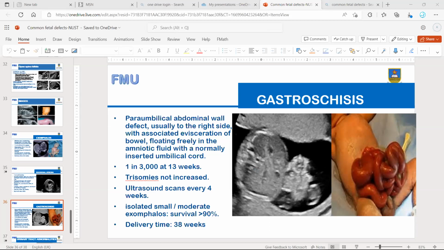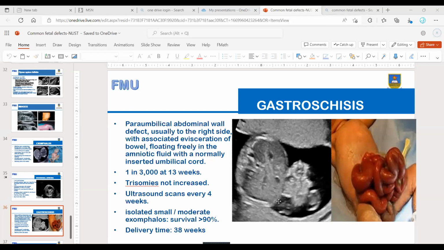What it means is that that bowel may not be functioning well at birth, and it may have to be removed, which will lead to a condition we call short bowel syndrome, where the baby will struggle to manage electrolytes, and these babies will undergo what we call failure to thrive.